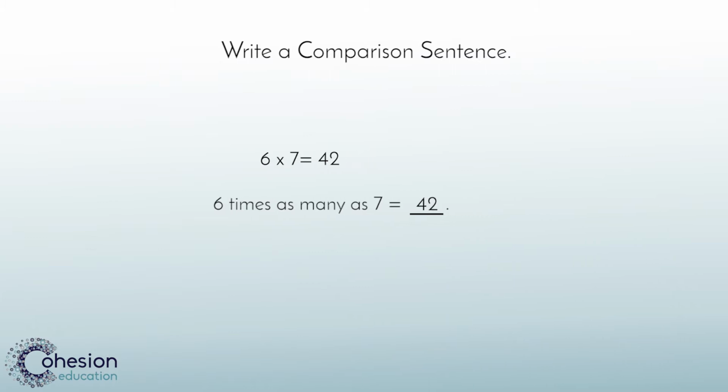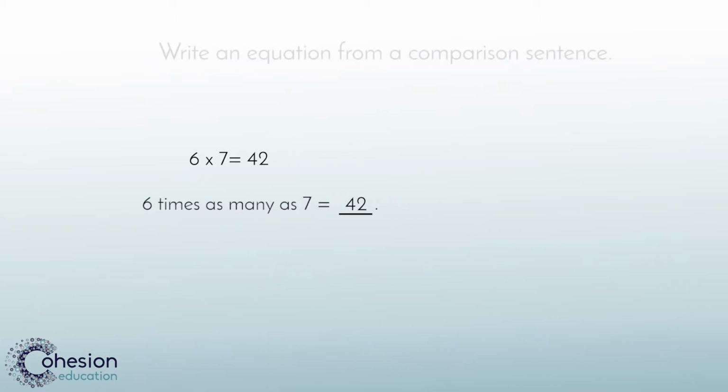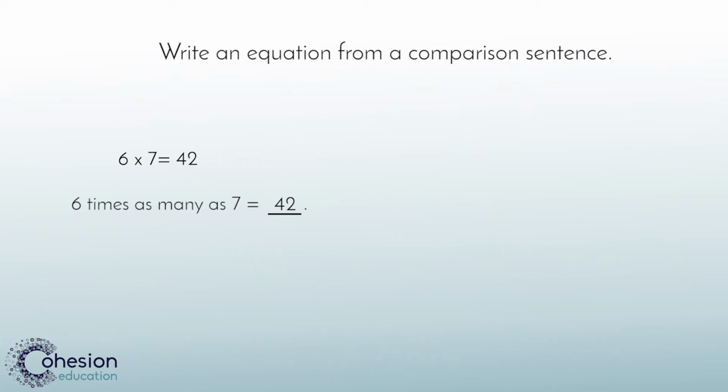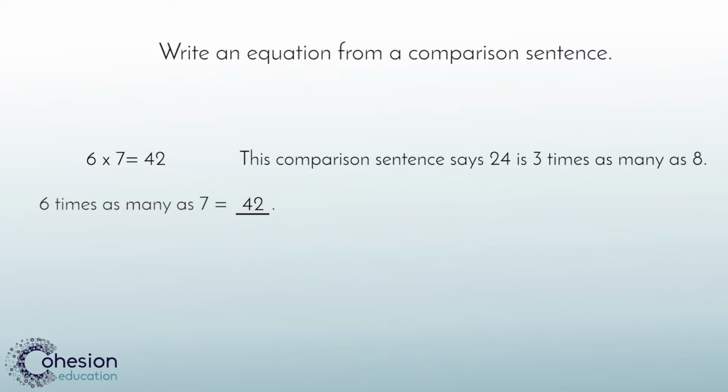Students may see the opposite of this as well. They may be asked to write an equation from a comparison sentence, as seen here. This comparison sentence says 24 is 3 times as many as 8. Again, students should keep the numbers the same and replace the is with an equal symbol and replace times as many as with a multiplication symbol.